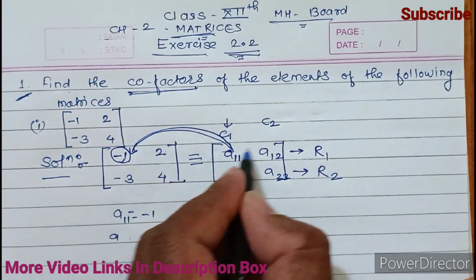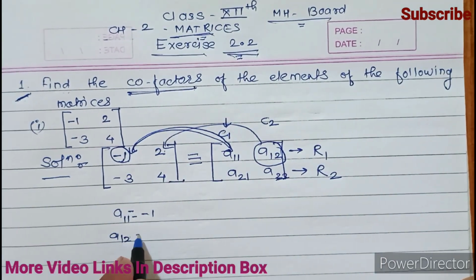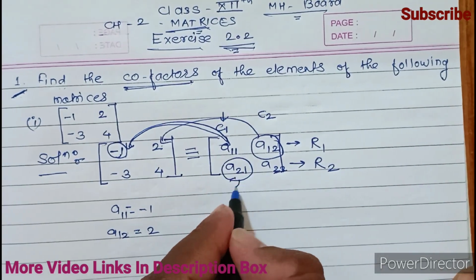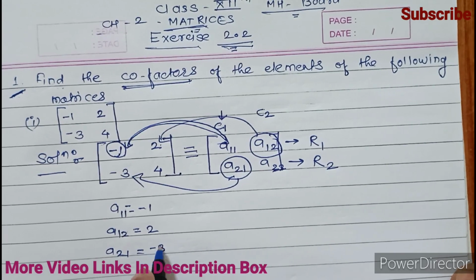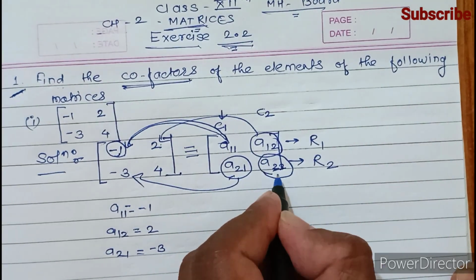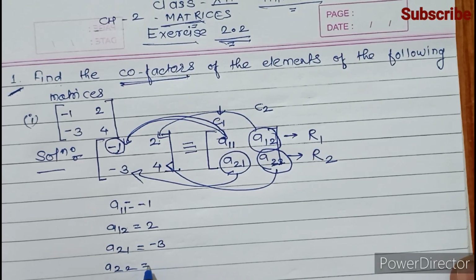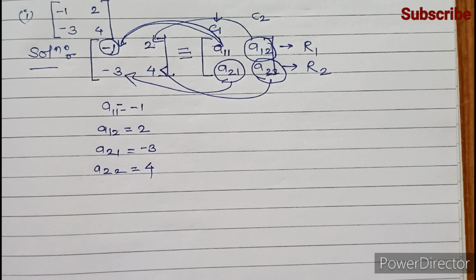The position a12 is 2, so a12 equals 2. The value of a21 is -3, therefore a21 equals -3. The value of a22 is 4, therefore a22 equals 4. These are the positions of the elements.